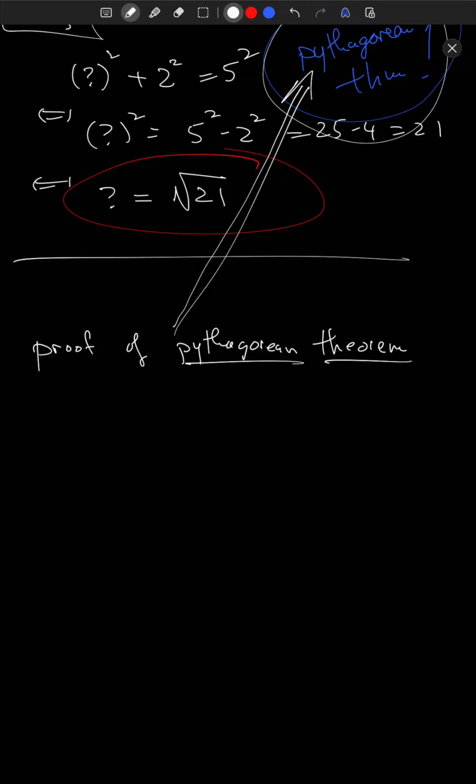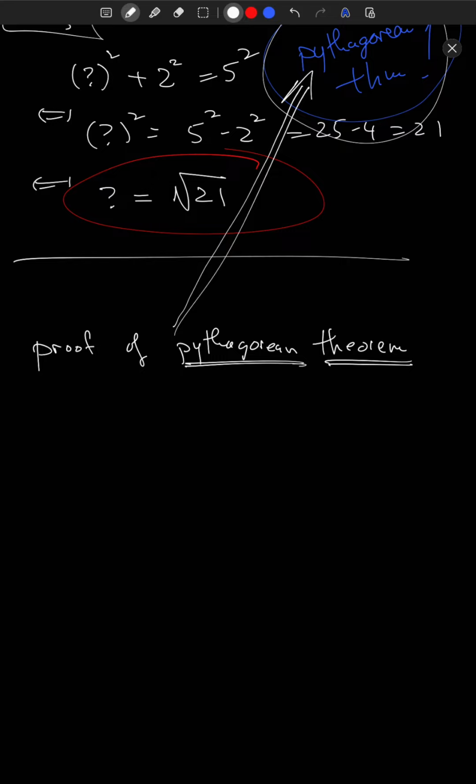There are many different proofs of the Pythagorean theorem. It's been around for thousands of years. The Greeks talked about it thousands of years ago. There's a lot of really nice picture proofs. If you look on Wikipedia, you'll find a lot of very nice looking picture proofs where you're just rearranging the triangles and rectangles to see that the Pythagorean theorem is true.